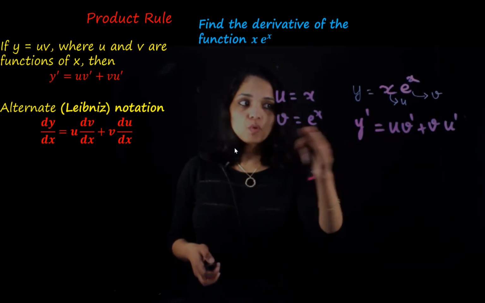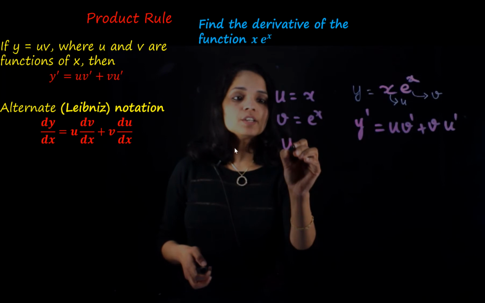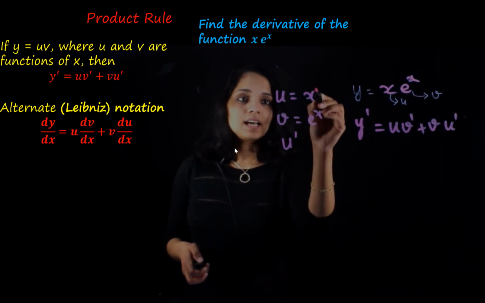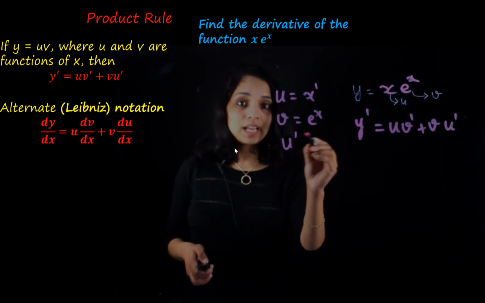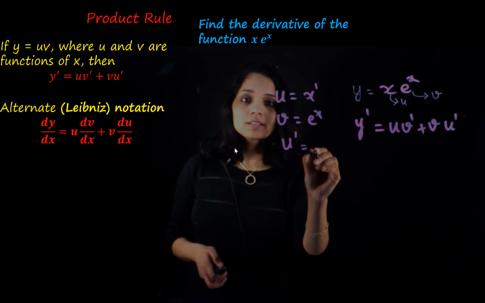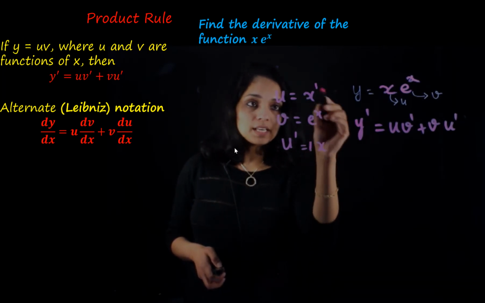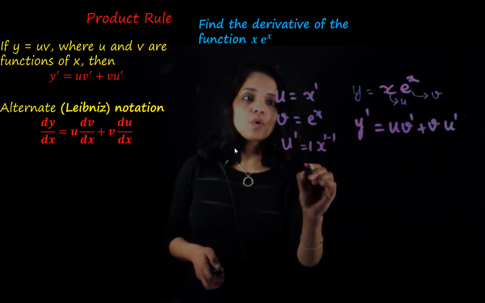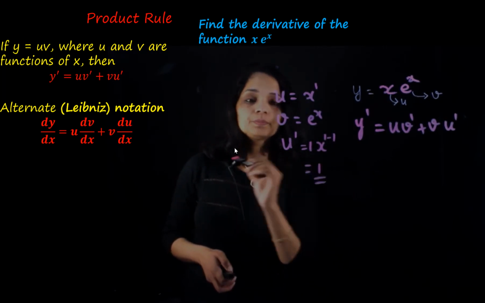So u dash is the derivative of x. Using the power rule, the derivative of x to the power n is n x to the power n minus 1, and here n is 1, so x to the power 1 minus 1 is x to the power 0, which is 1. So the derivative is 1.